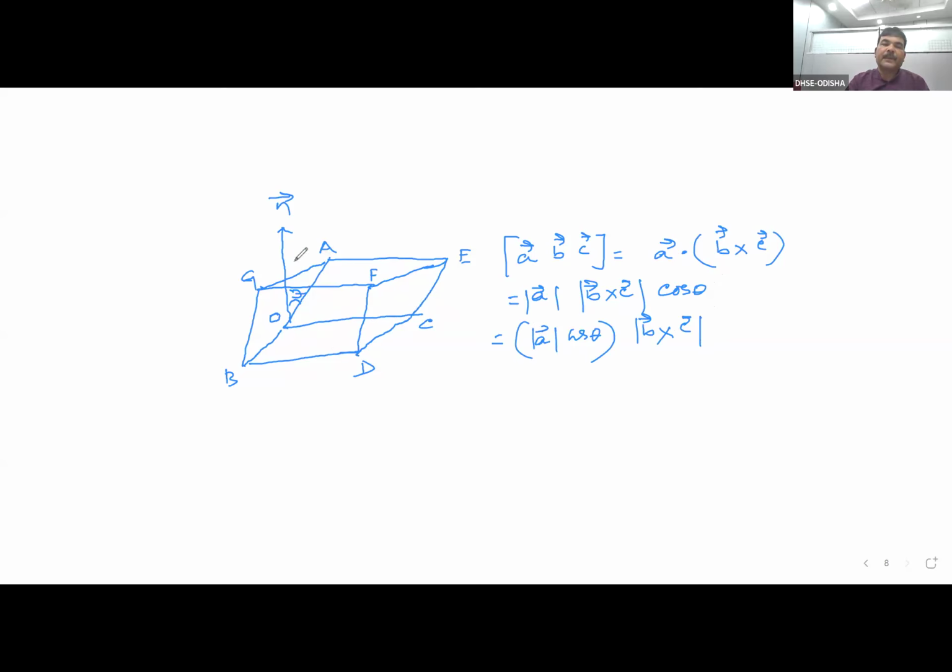Now drop a perpendicular from point A upon N, and let L be the foot of the perpendicular.